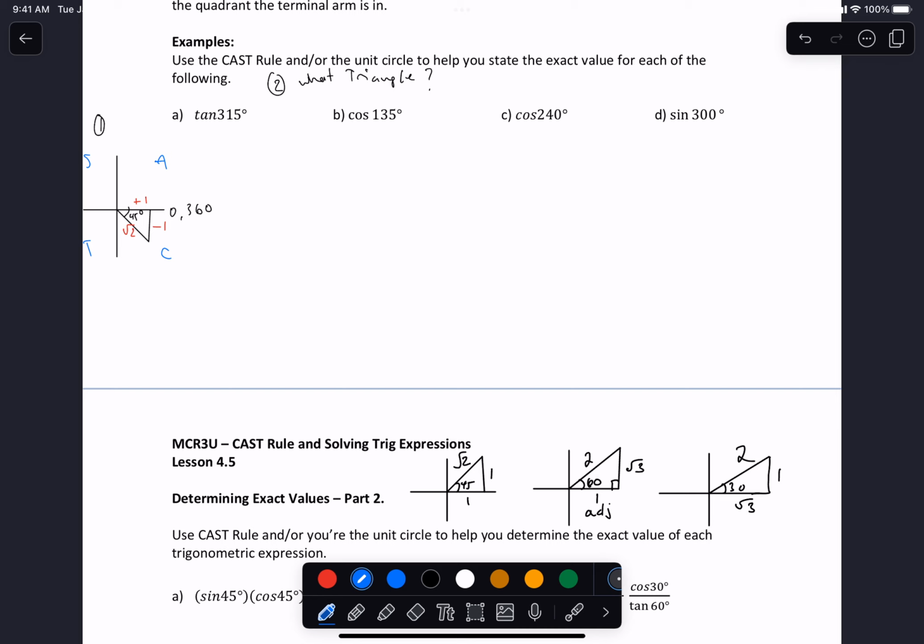So I know in that quadrant, which would be quadrant 4, the tangent is going to be negative, and it is negative because I drew a very accurate diagram. When I go to evaluate the tangent of 315, which is this 45-degree triangle, this is going to be the opposite side length, and this is going to be the adjacent side length. And I know tangent is opposite over adjacent. And so I know that the tangent of 315 is going to be negative 1 over 1, which is just negative 1.